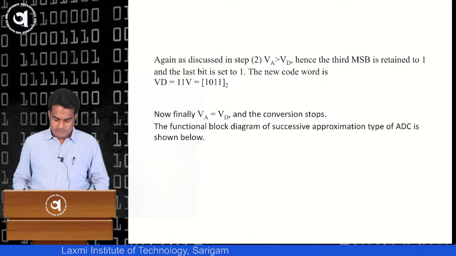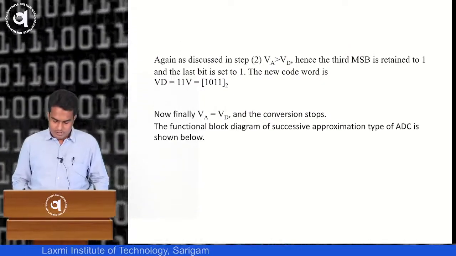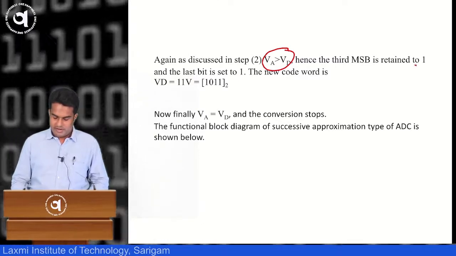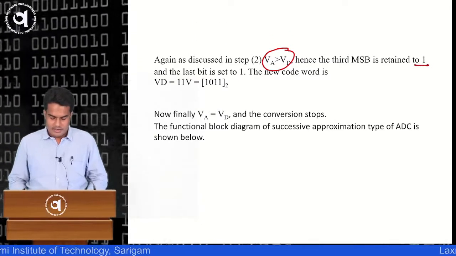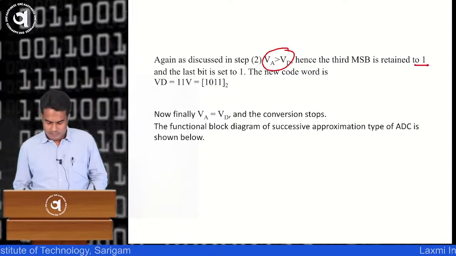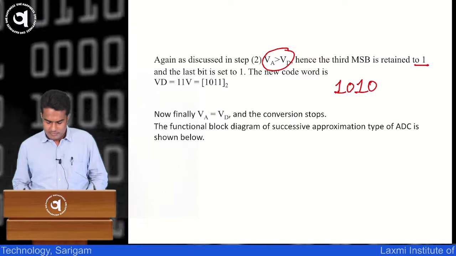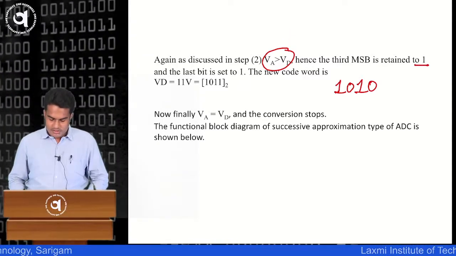So this process will further continue. The digital value is lower than the analog value. Now the MSB is retained as 1, and the last bit is set to 1. It was previously 1010.